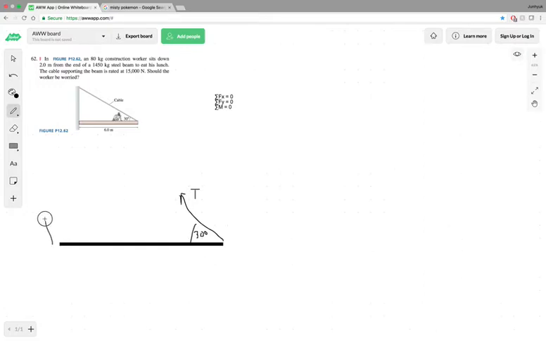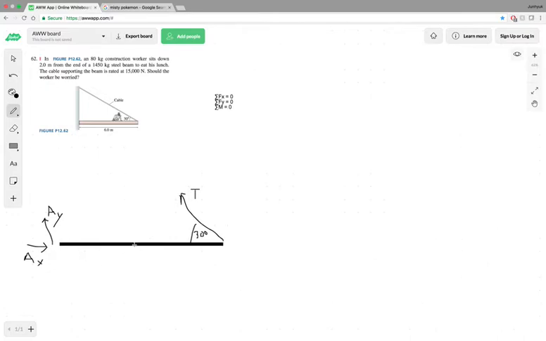We have some unknown Y support force along the wall, and also a lateral X force as well, and that acts along this attachment point between the wall and the beam.